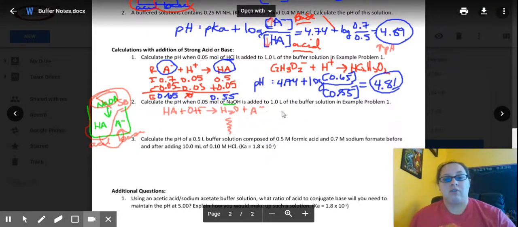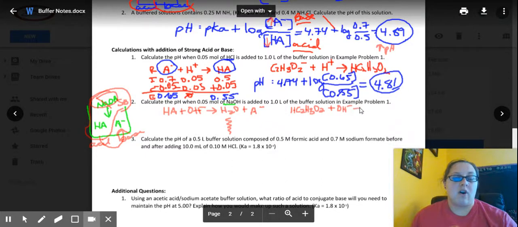Now let me also show you the real reaction of what's happening. So our acid component is acetic acid, which is HC2H3O2. That's reacting with the OH minus. That hasn't changed. Now our product, we're actually getting two products here. Water is going to be formed. So H and OH coming together, it's going to form water. And then we're also going to form the base component, which is the sodium acetate.